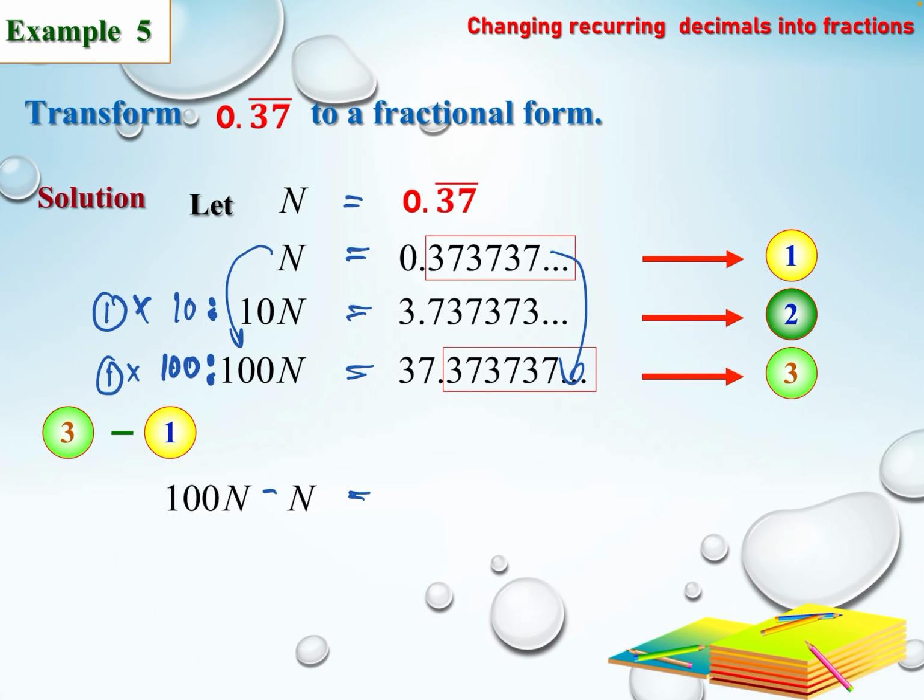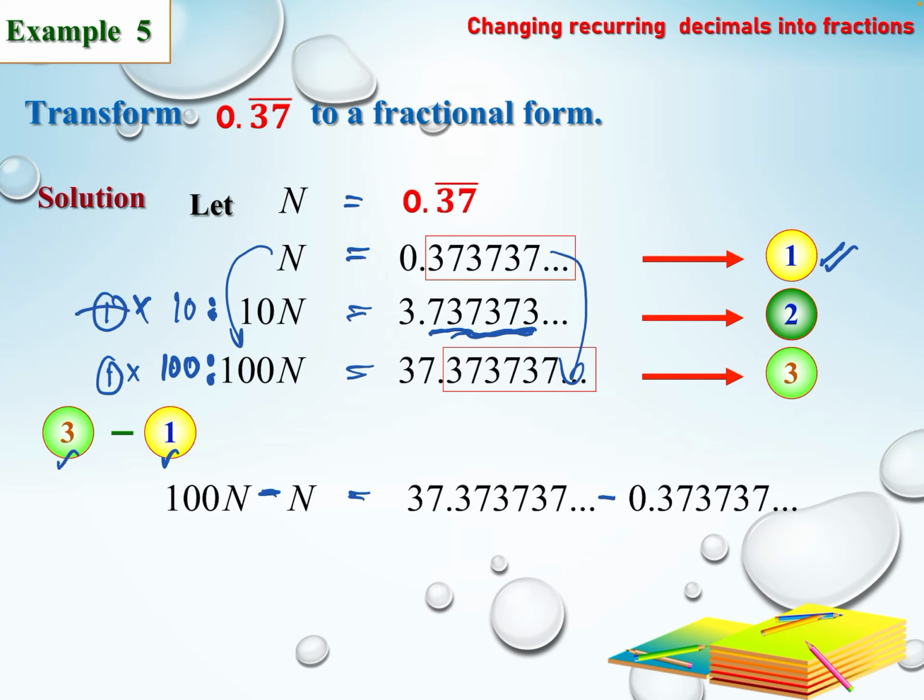This equals 37.373737 minus equation number 1. We cannot minus equation number 2 because the decimals are not the same. Actually, this one you don't need to do.